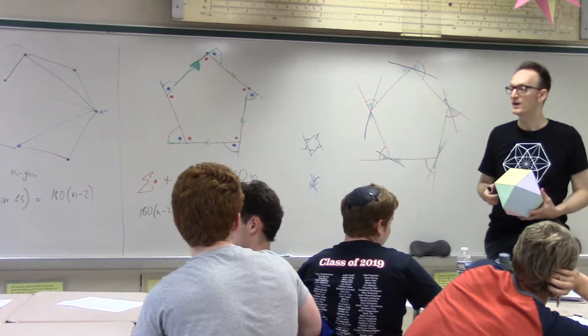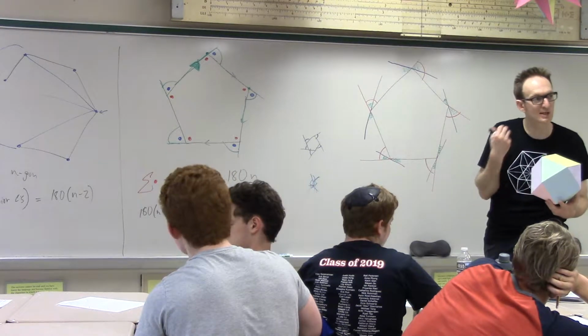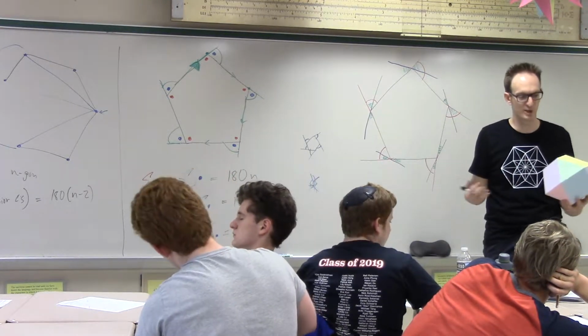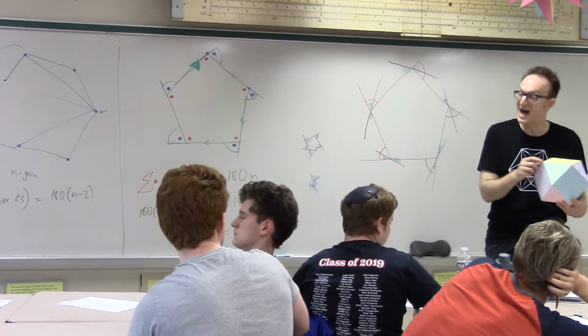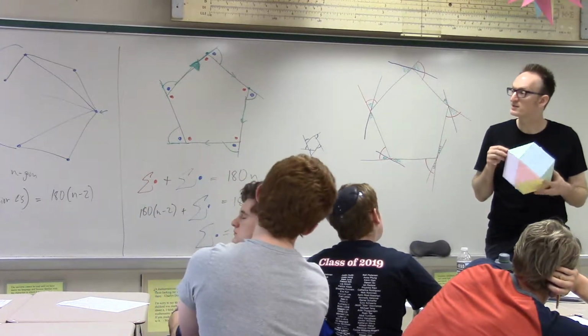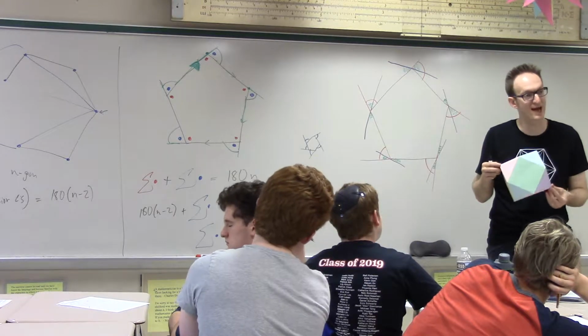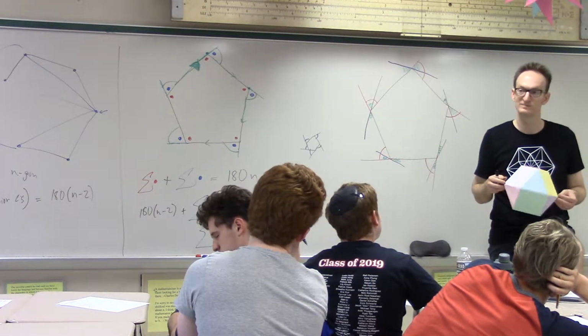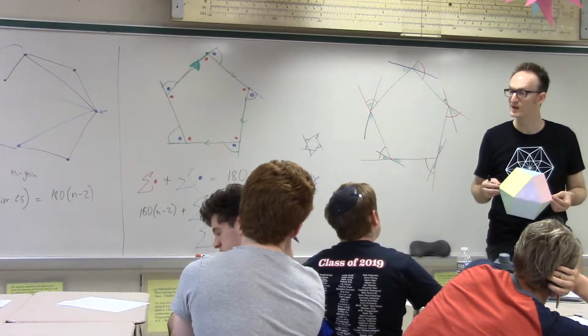Okay, so an incredible fact, which I learned last year, but I didn't understand it or appreciate how useful it is: the sum of the angular defects for any polyhedron is 720. Why is that useful?